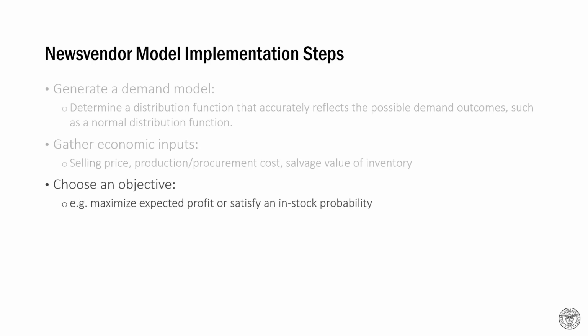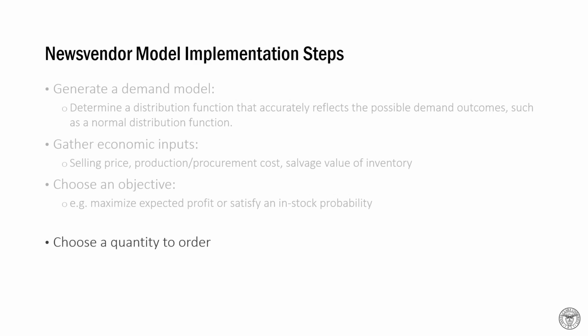Third, define an objective. We must define our goal. This could be to maximize the expected profit or to satisfy a specific in-stock probability. Our objective will guide our decision on the order quantity. Fourth, determine the order quantity.